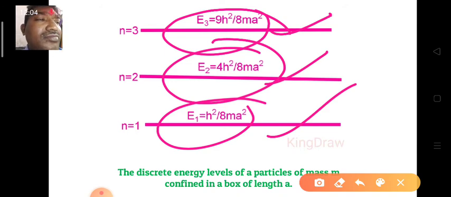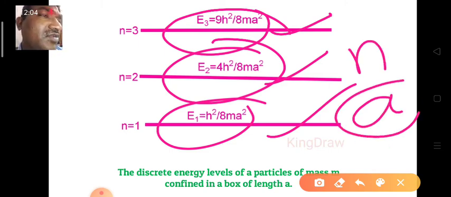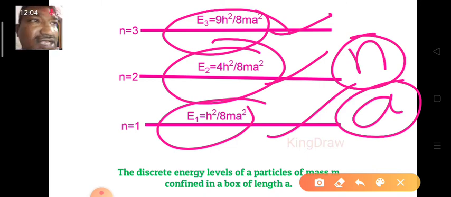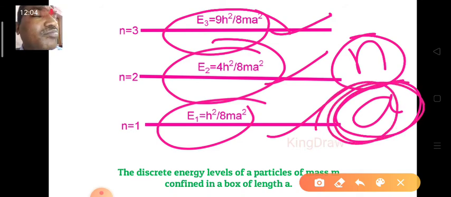Here we have to remember that the energy values depend on the n value as well as on the a value. That means the energy depends on both these terms. Here a means the boundaries of the one dimensional box, and as the boundary value increases, the separation of the energy levels decreases.